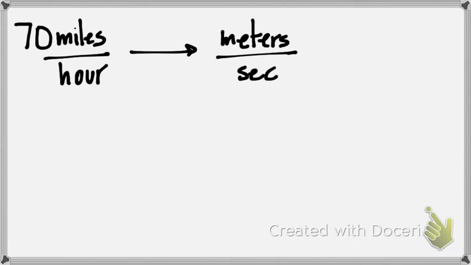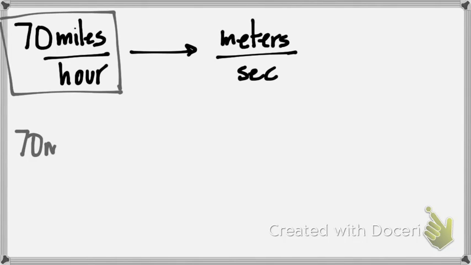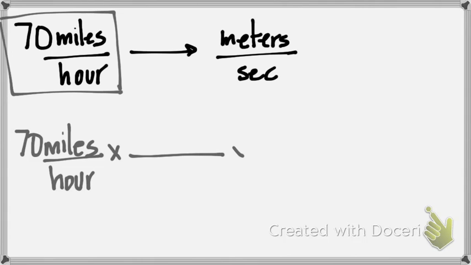So, how do we do this? You start with what's given. You're only given one number, so that's what you start with, at 70 miles per hour. Now, anytime you put in the term per for one of those lines, that actually means divided by. So always keep that in mind because you're dealing with a rate there. And then we have meters per second, which is what we're going to end with.